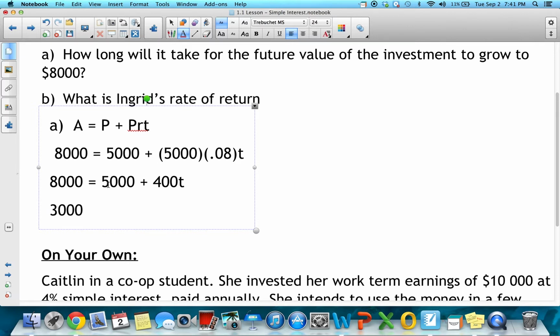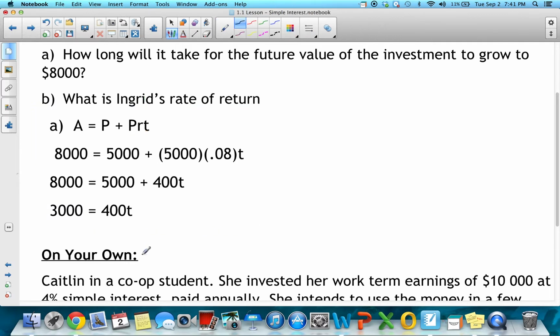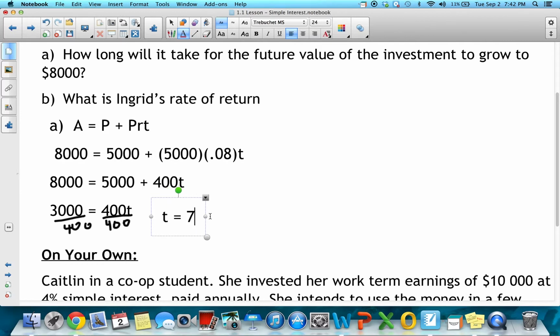I'm going to end up with 3,000 over here and 400t on that side. The next step to isolate t is to divide both sides by 400. And when you divide 3,000 by 400, you're going to get 7.5.